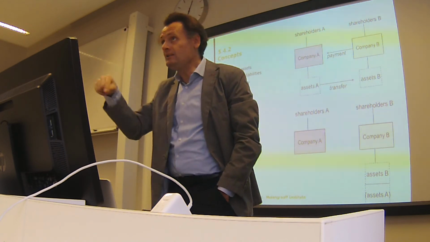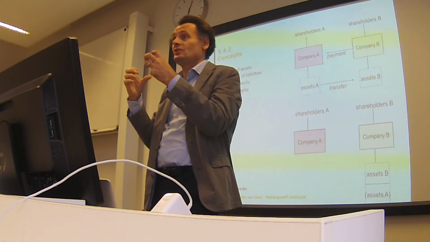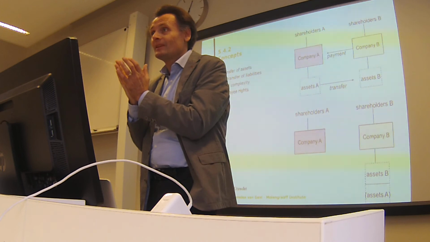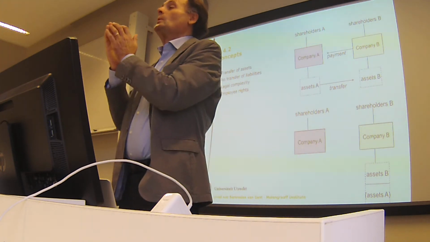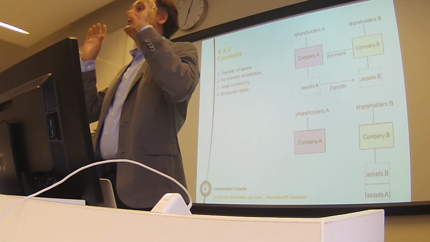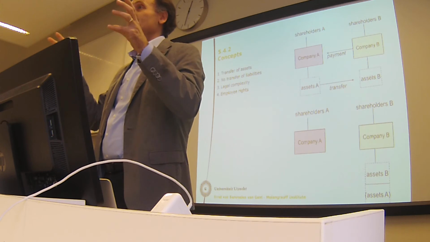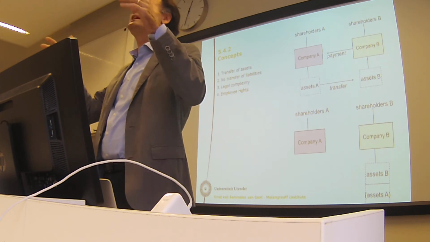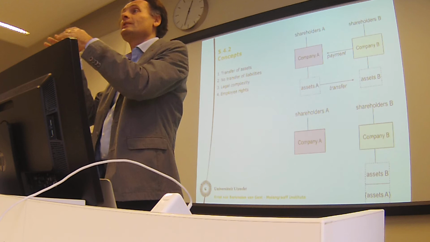And the main incentive of mergers and acquisitions is to cut costs. Two companies with two headquarters and two markets is less efficient than one company with one headquarter and one market.